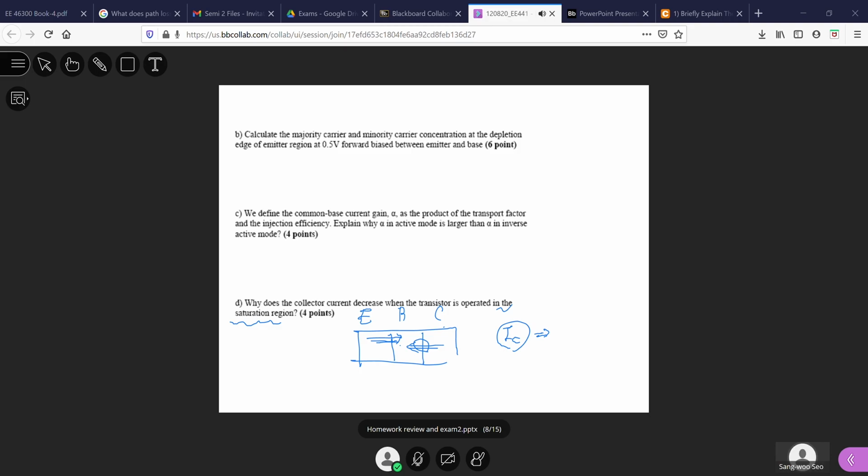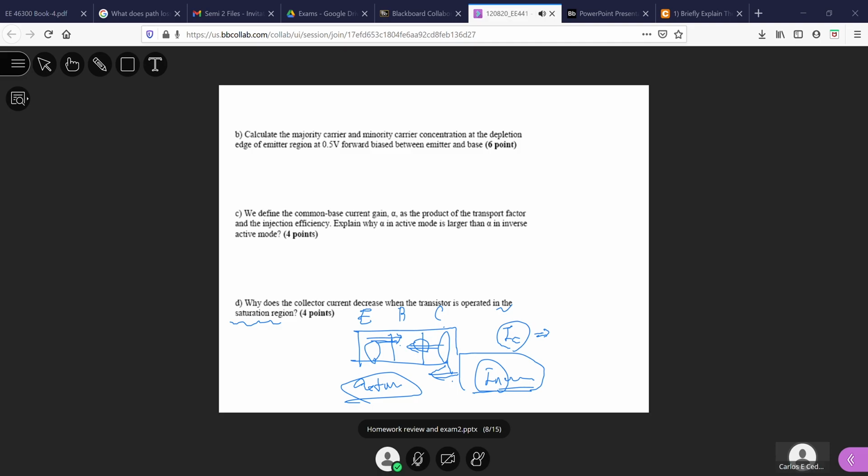Sir, if we have the inverse active mode, the flow of carriers is going to decrease, right? Yes, the inverse active mode compared to the active mode. For that case, the doping here is smaller than the emitter side, which means the amount of majority carriers close to the base and collector is smaller. So the current is smaller, right?